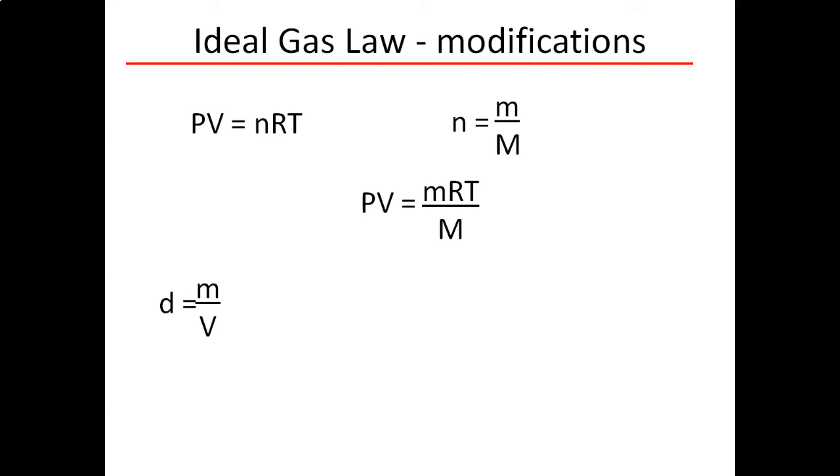Further, because I know density is equal to mass divided by volume, I could manipulate it to solve for the density of any gas at its pressure and temperature. We can see that the density of a gas is related to its pressure and temperature, because the molar mass is constant and R is constant.